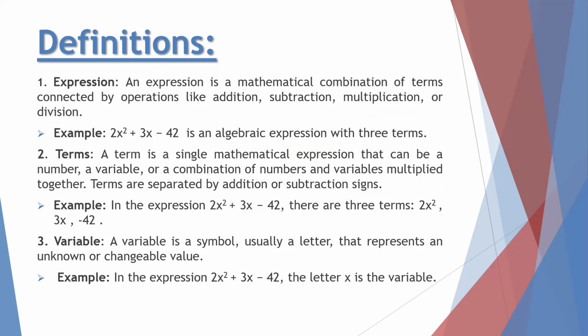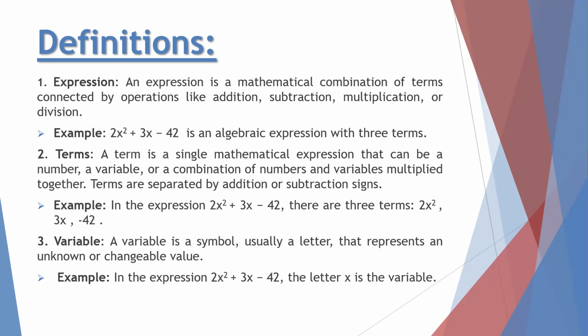For example, 2x squared plus 3x minus 42 is an algebraic expression with three terms. Make sure an algebraic expression is a combination of terms connected by different operations. It should not have an equal to sign.